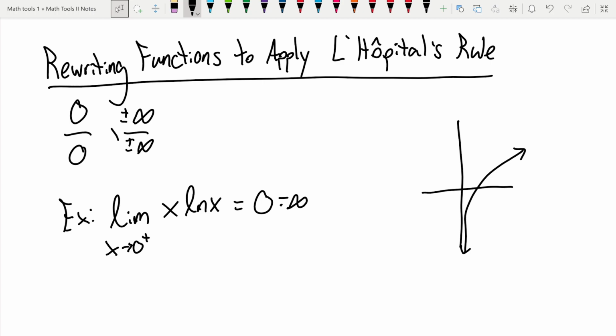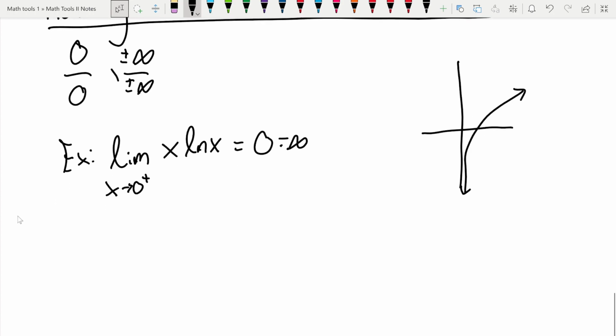But same idea, right? It'll be negative infinity. So you get 0 times negative infinity. This is an indeterminate form, but it's not one of the indeterminate forms where we can apply L'Hopital's rule. It's not even a ratio anyway, right? So we need some kind of ratio, and we need this 0 over 0 or infinity over infinity form.